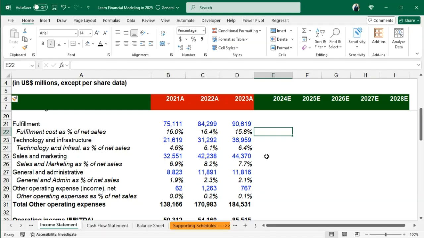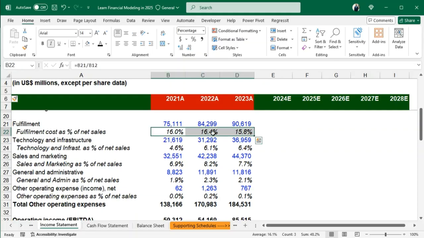So first, let's look at the fulfillment cost trend, and then we can make certain assumptions out of there. For the fulfillment cost as a percentage of sales, we can see that these are ranging from 16% in 2021, increased marginally to 16.4%, and then marginally downwards to 15.8%.